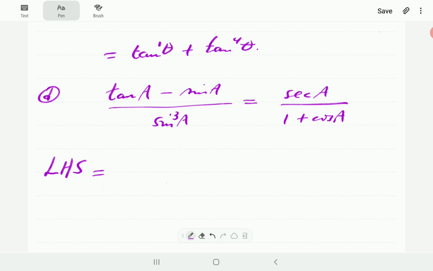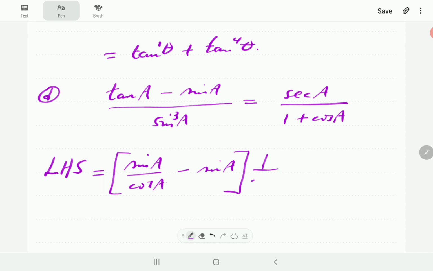The numerator, we're going to write it in terms of sine and cosine. So this here, tangent is sine A over cosine A, and then minus sine A. So that's just the numerator, and there is the denominator.